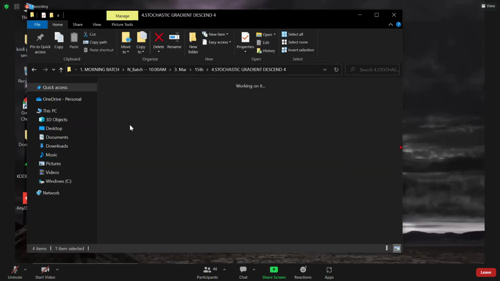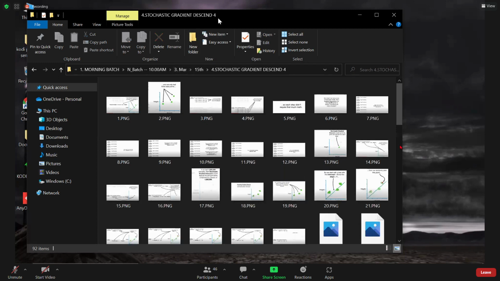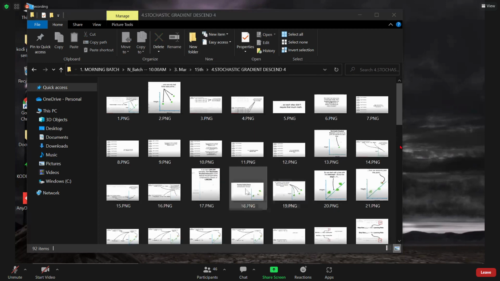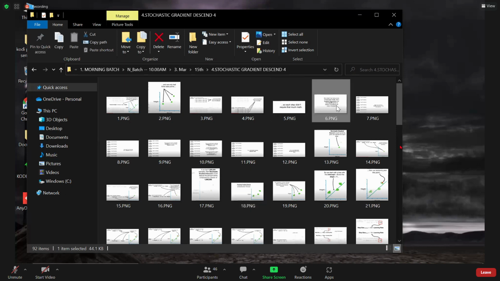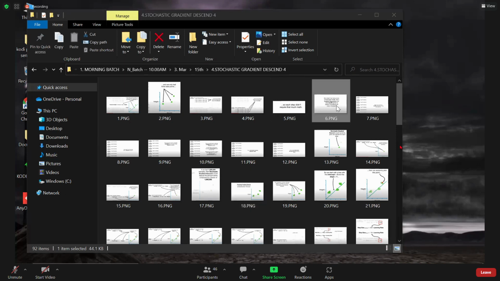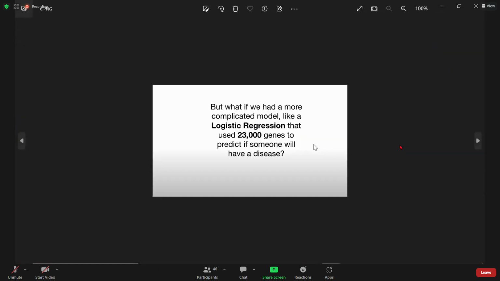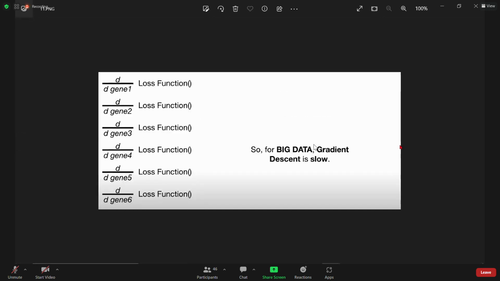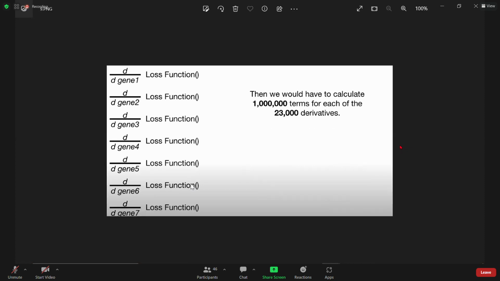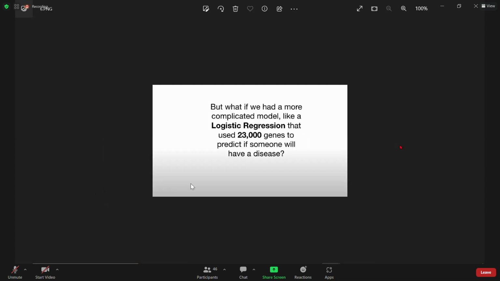In stochastic gradient descent, but before that, one moment. For big data, gradient descent is slow because we need to compute all these loss functions every time.